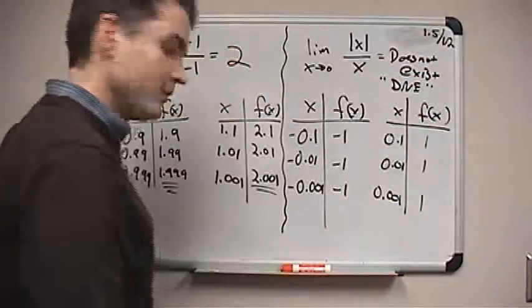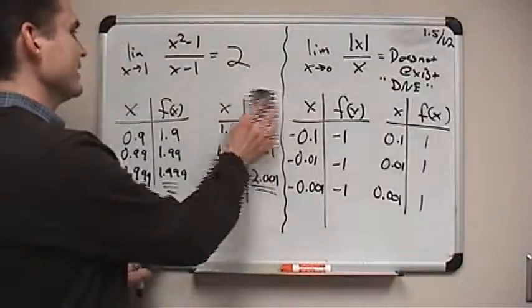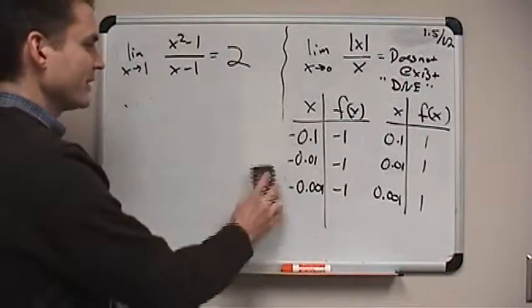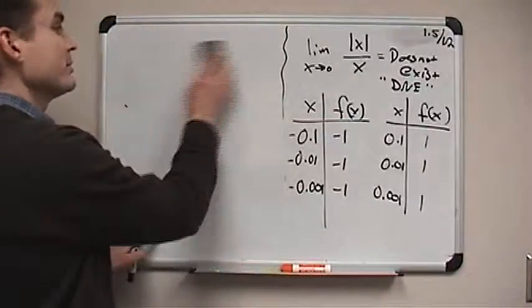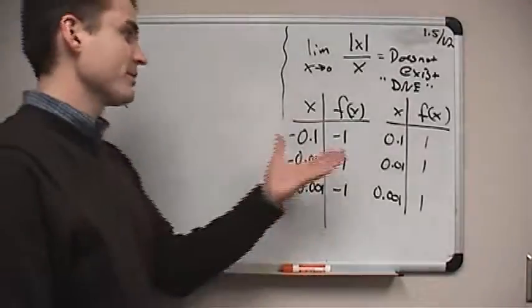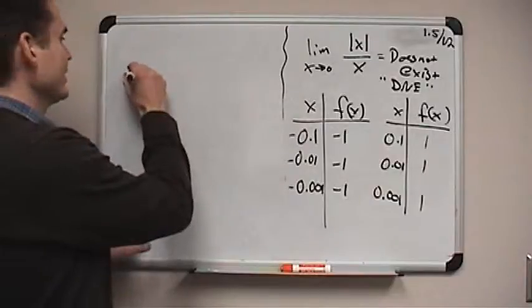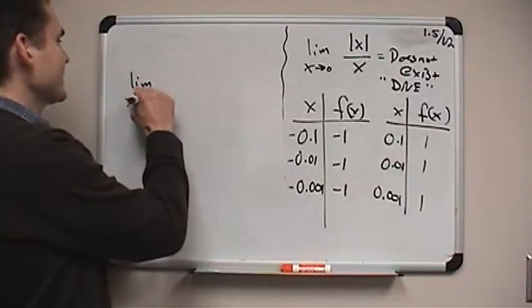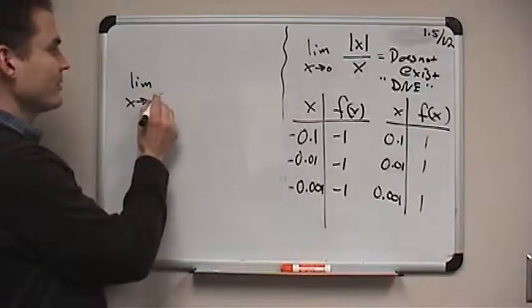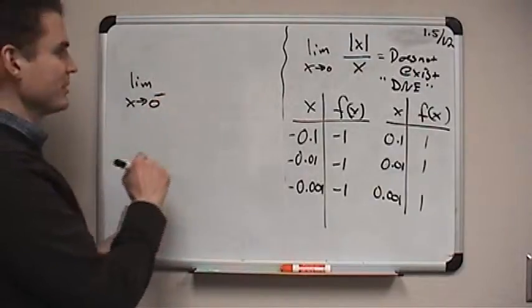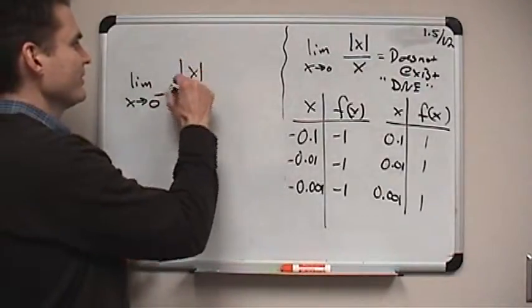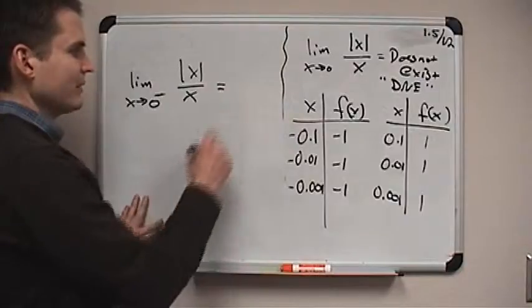One last thing with this, again, it's in the notes: we can say something a little bit different in the case of this limit. The limit from the left existed, the limit from the right existed, but they're not the same thing. So, for instance, we could say the limit as x approaches 0 from the left, the little minus sign up here, of the absolute value of x over x, was negative 1.